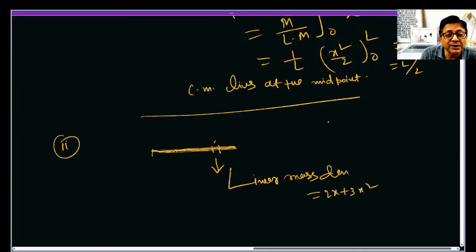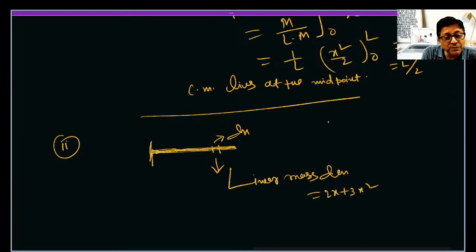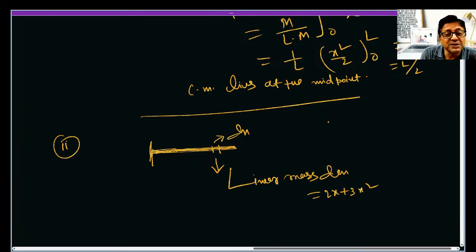So what will you do here? Take the elemental portion dx, same concept. From this end, at distance x, it is a rod but with non-uniform area of cross section. Mass density is increasing gradually. You have to consider this linear mass density at a distance x.